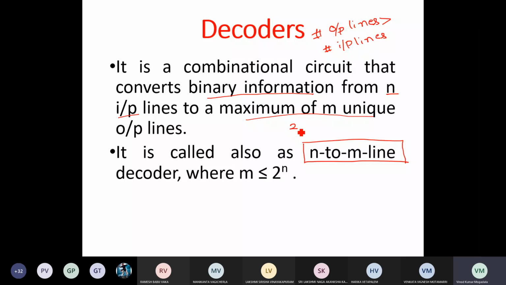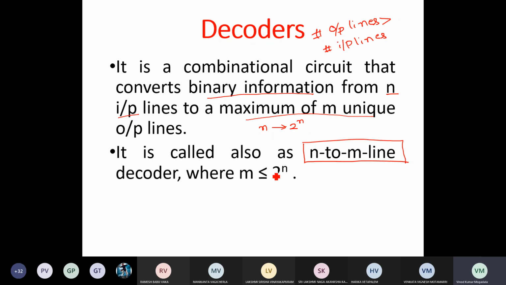So what are the possible combinations? 2 power n possible combinations we can have from the n input lines. But output sometimes may be less than the 2 power n lines also. It may not always be equal to 2 power n. Sometimes we may have a smaller number of output lines than 2 power n.